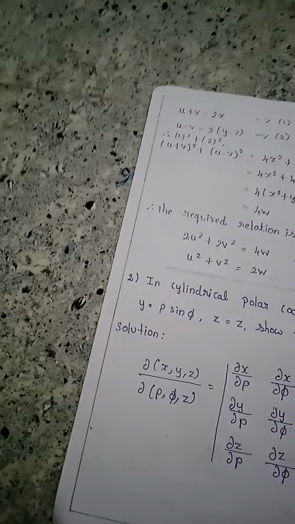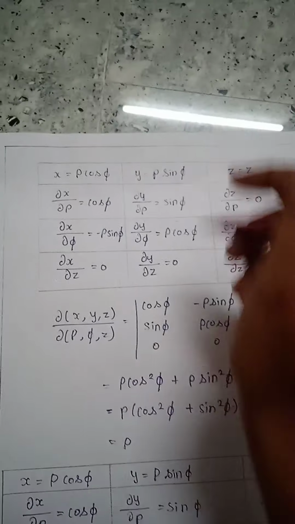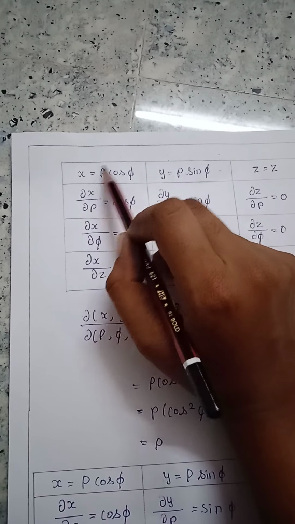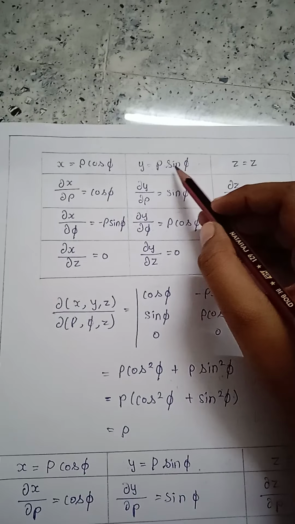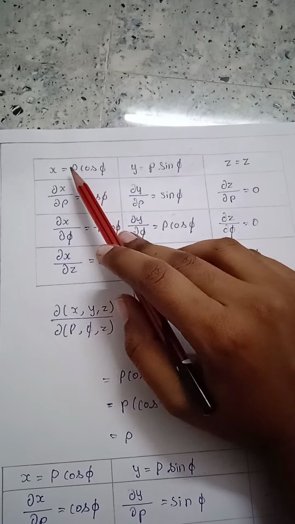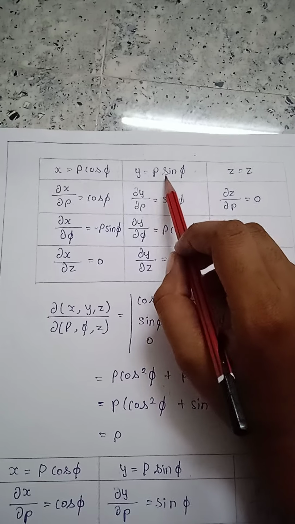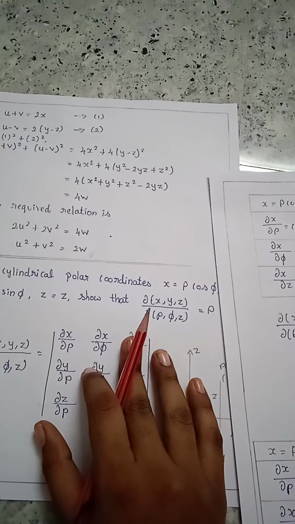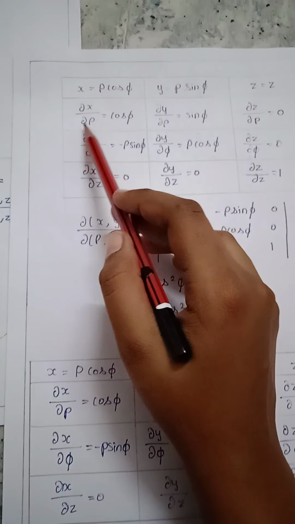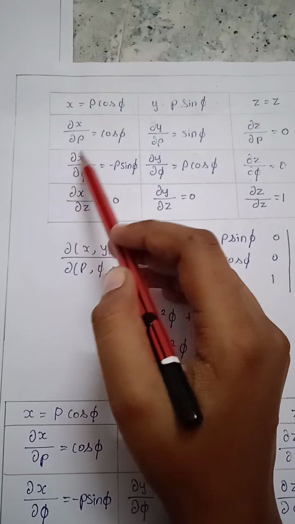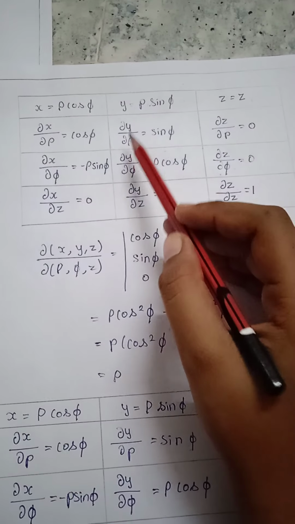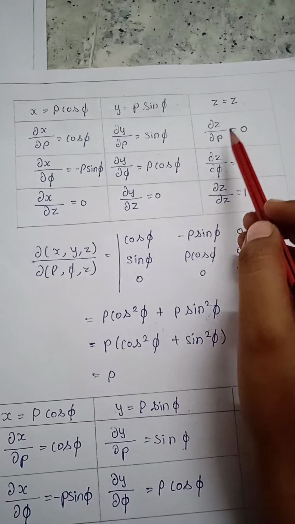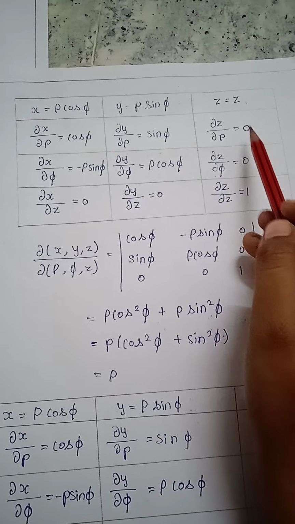And next, we apply x = ρ cos θ, y = ρ sin θ, and z = z. What is given in the question: x, y, z. Here ∂x/∂ρ is equal to cos θ, ∂y/∂ρ is equal to sin θ, and ∂z/∂ρ is equal to 0. Next, ∂x/∂θ is equal to -ρ sin θ, ∂y/∂θ is equal to ρ cos θ, and ∂z/∂θ is equal to 0.